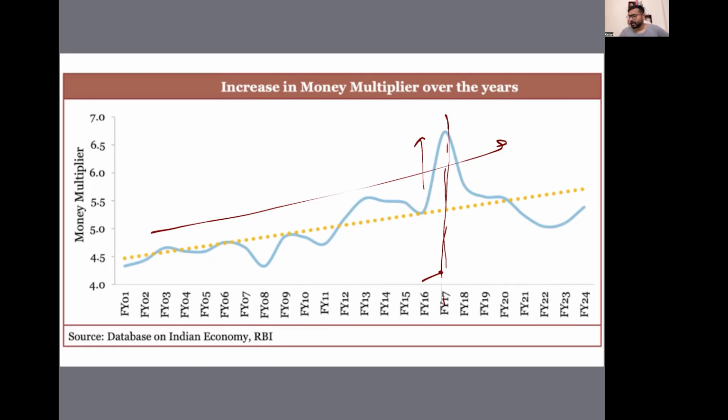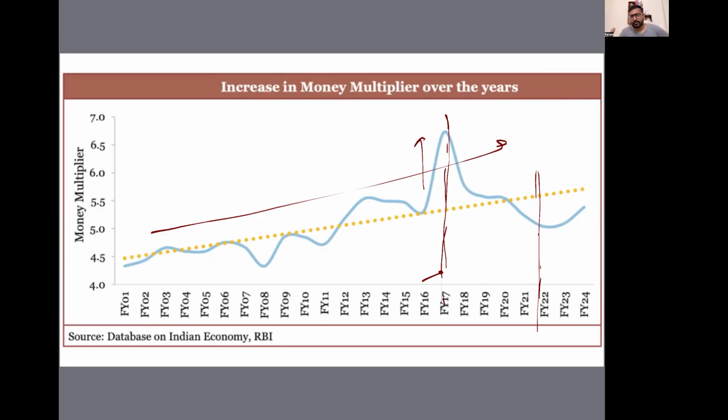shot up. At the same time, if you see this period, this is the COVID lockdown period where people preferred to keep more and more cash at hand. They didn't want to deposit their cash in the bank because they feared that the economy was going into a recession and maybe some of the banks might become bankrupt and they might not be able to take out their own money.